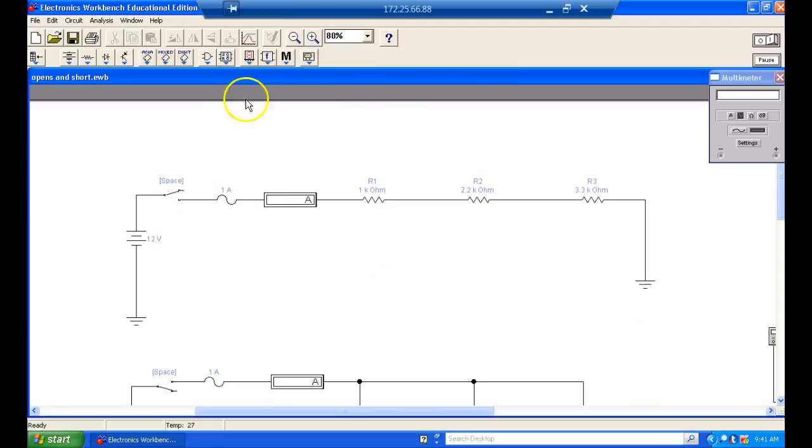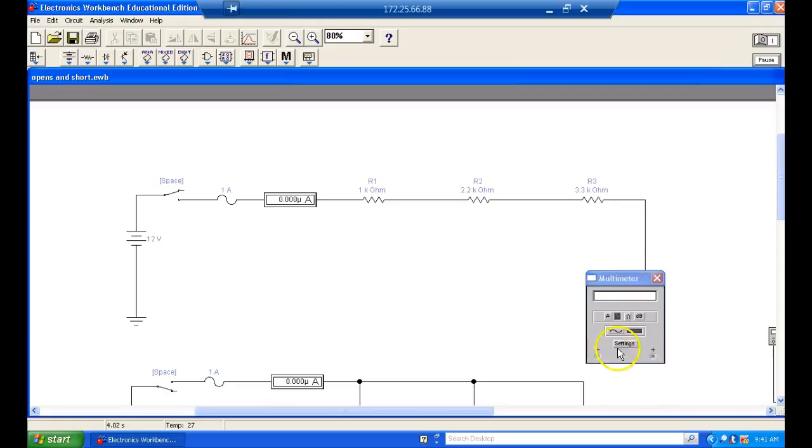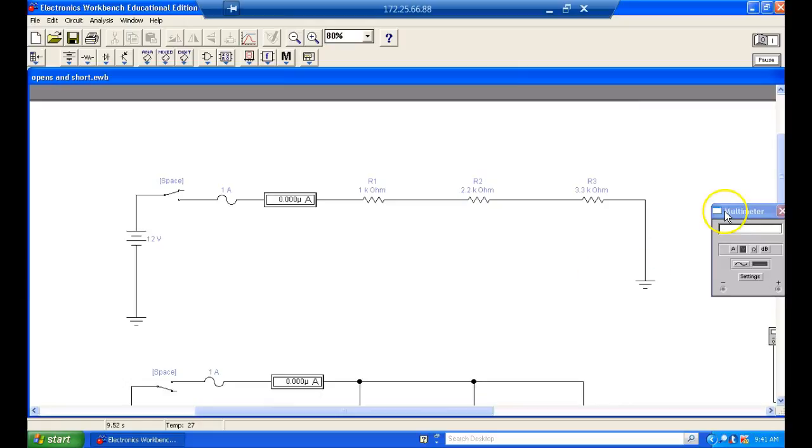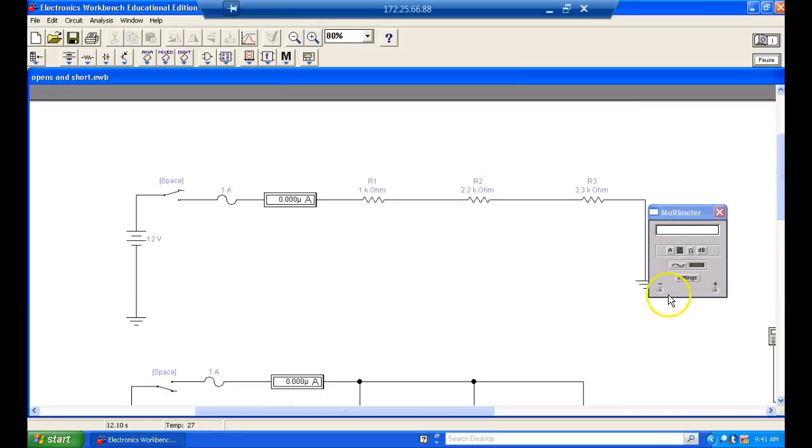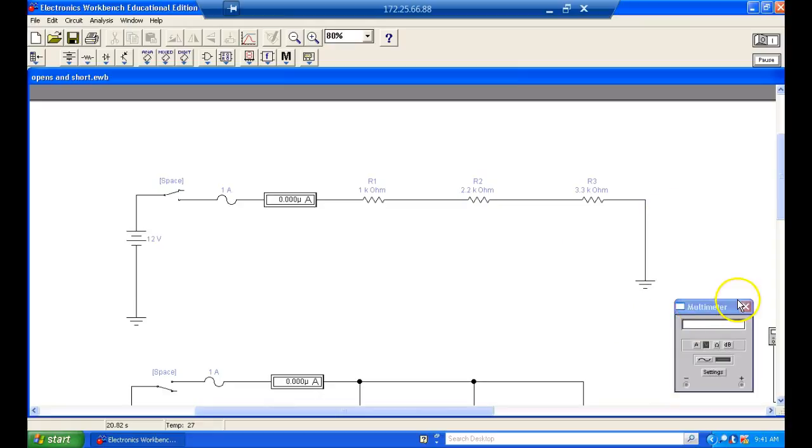So when we turn this on, I'm going to come and turn the simulation on. And this is my voltmeter, and we've got it set up on DC. Oh, here it is, it's down here.